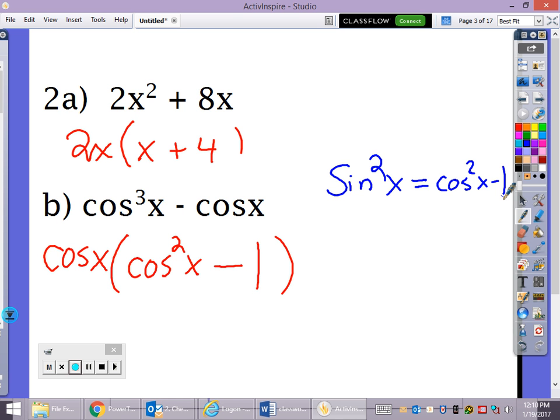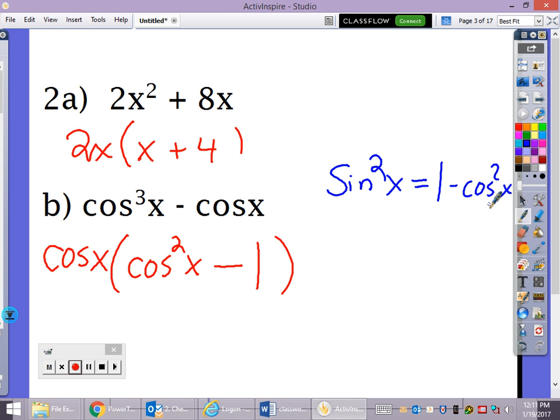Okay, time out. No, listen, please. Sine squared is the same as cosine squared minus 1. This is, no, it's not. Sorry. I wrote it wrong. 1 minus cosine squared x. Yes? That is from your identities.